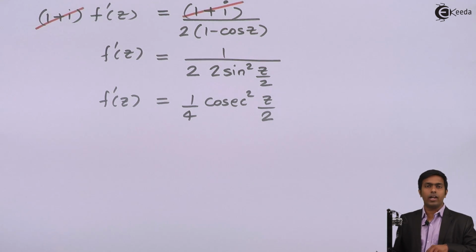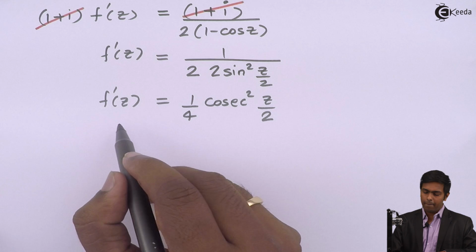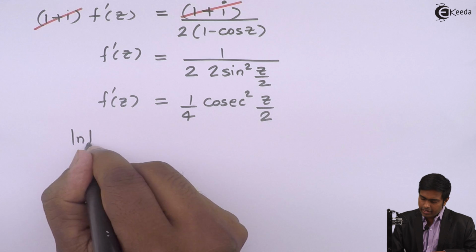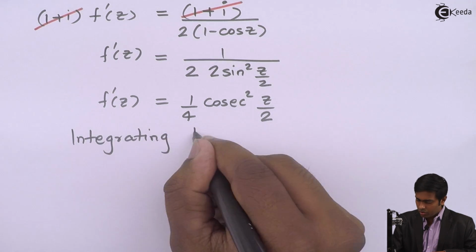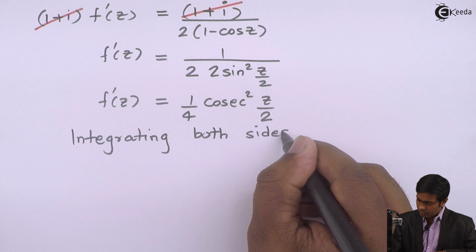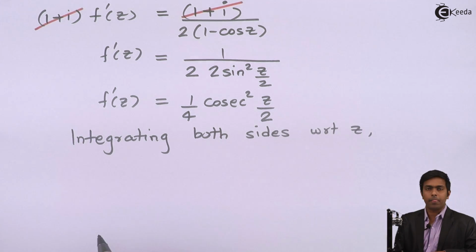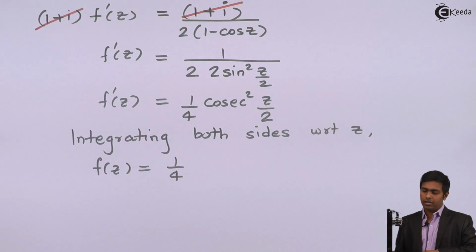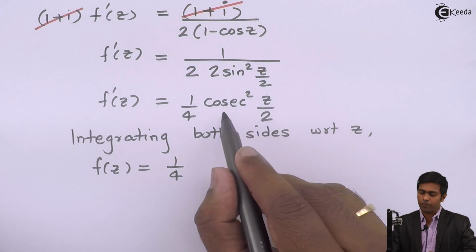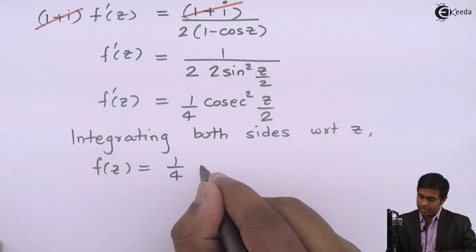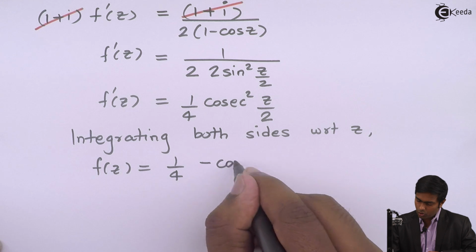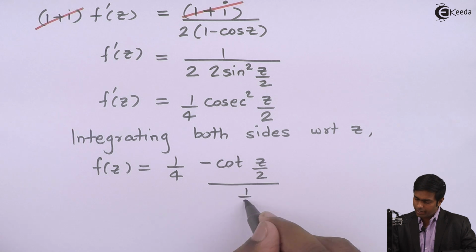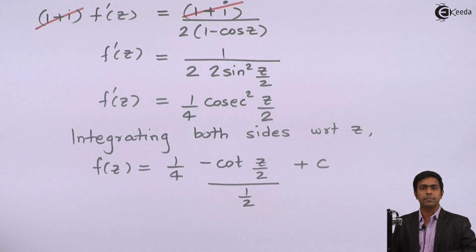Now let's find the value of f of z from f dash of z, and for that we will integrate both sides with respect to z. So we will get f of z equal to 1 by 4, and now we find the integration of the cosec square (z by 2) term, that is minus cot of (z by 2) upon 1 by 2, plus c.